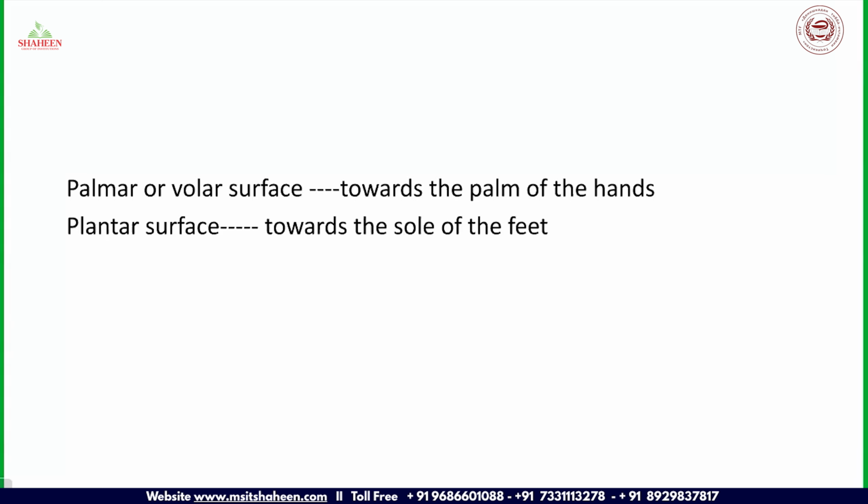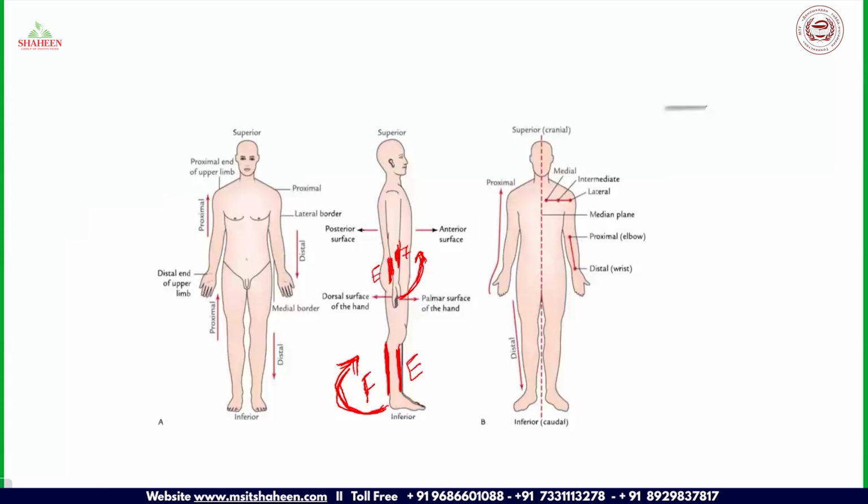Now, the other thing is the palmar surface. So this is the palmar surface, and this is the sole. This is the dorsal surface of the foot, and this is the plantar surface of the foot. And this is the dorsum.